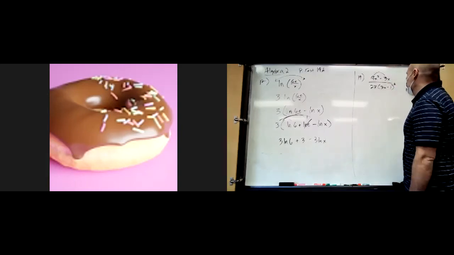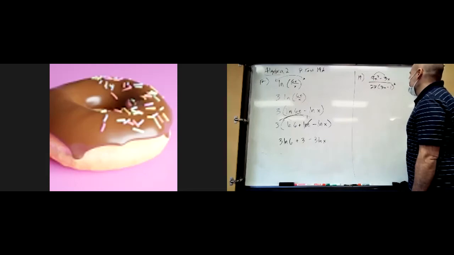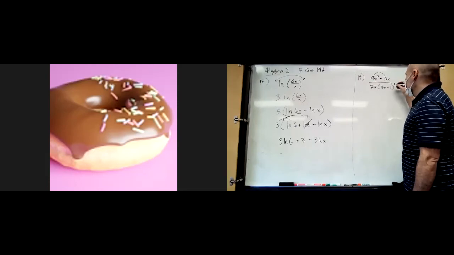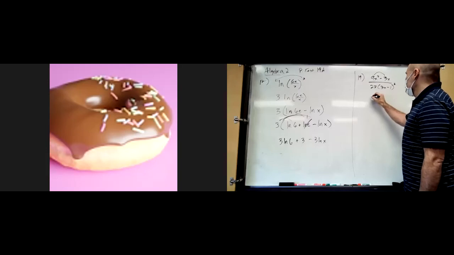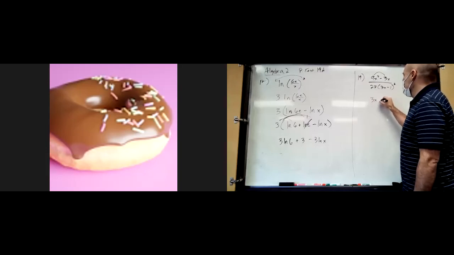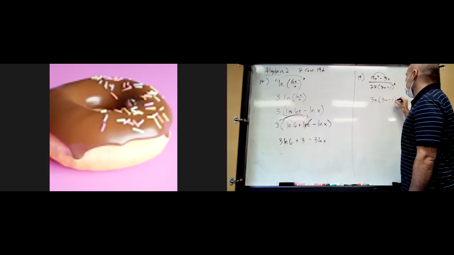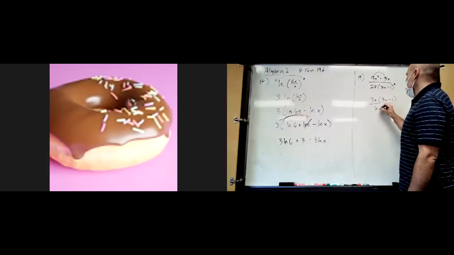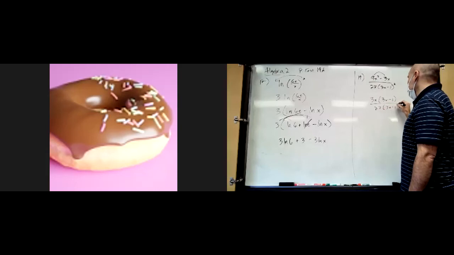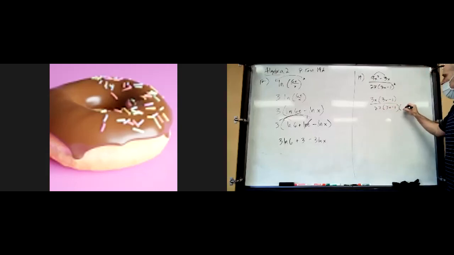You can take a 3x out of the top, so you end up with 3x times 3x minus 1 all over 27 times 3x minus 1 times another 3x minus 1.